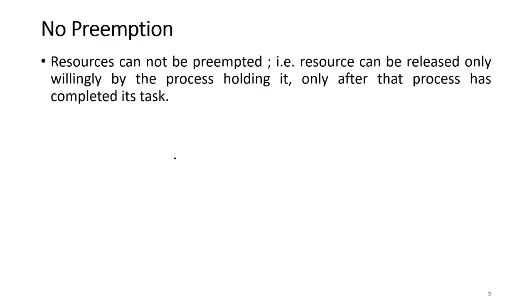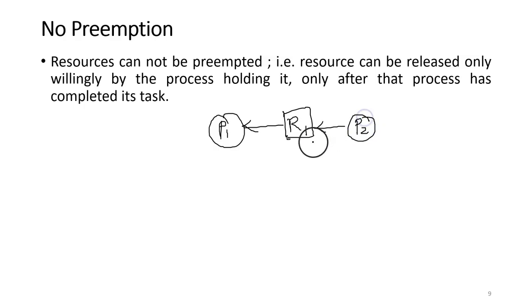Now the third condition is no preemption. No preemption means resources cannot be preempted. That is, a resource can be released only willingly by the process holding it, only after that process has completed its task. Means process P1 has held resource R1 and that R1 is being requested by another process P2.